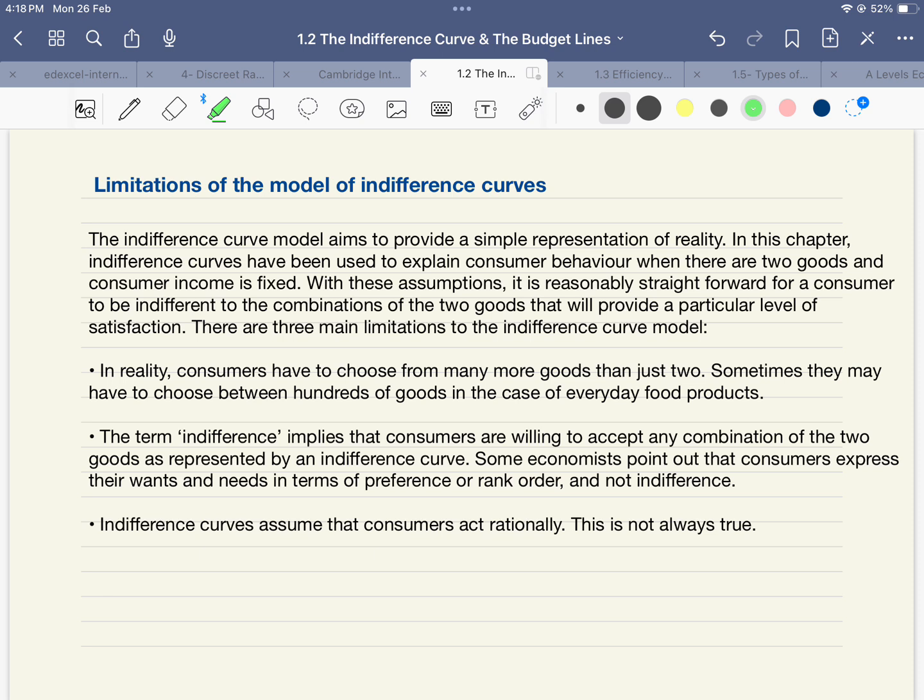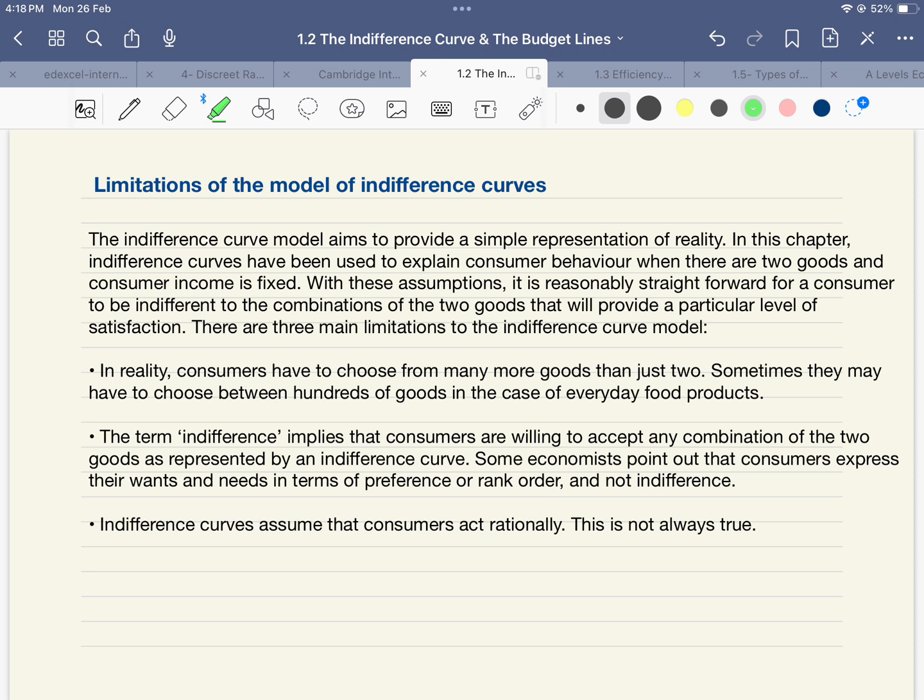The three main limitations of this model are: in reality, consumers are not restricted to just two goods. They have many goods to choose from, and sometimes they may have to choose between hundreds of goods. Also, the term indifference implies that the consumers are willing to accept any combination represented on the indifference curve.